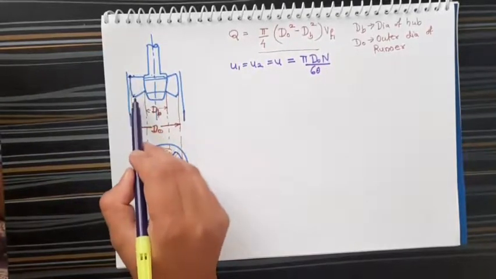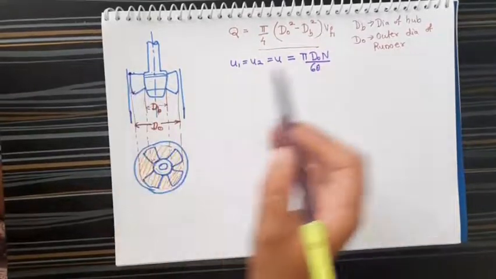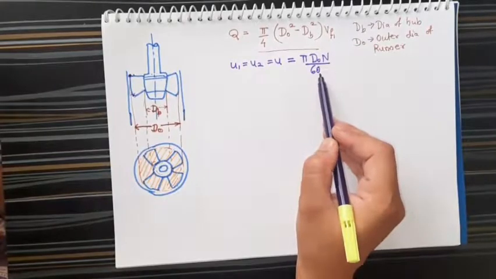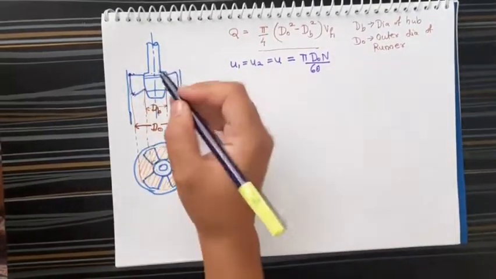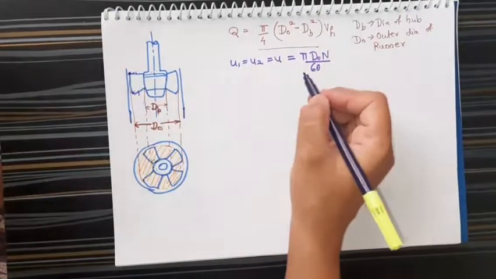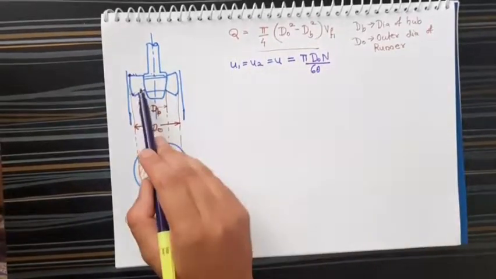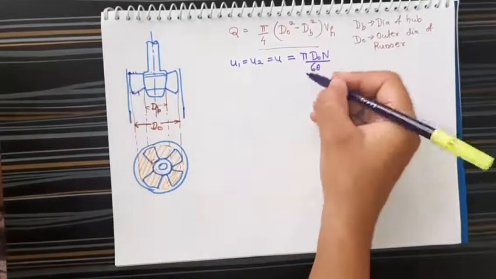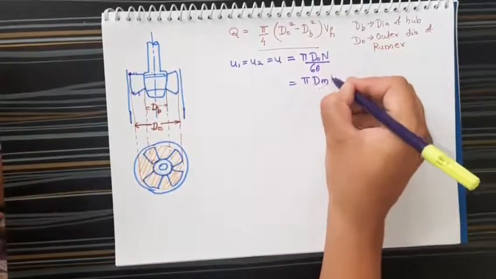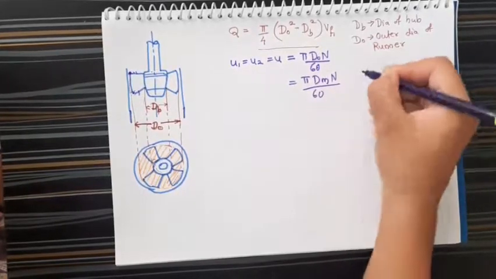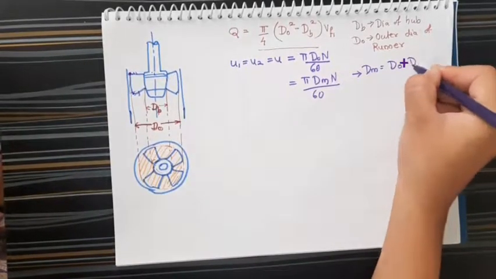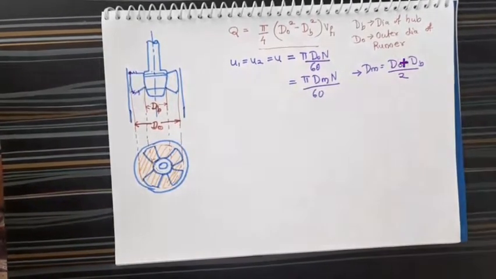If we are taking it at the outermost diameter, then we use pi dO n upon 60. If in a particular case it is said to take the average distance, then we have to find the mean diameter. At that time your formula will be pi dm n upon 60, and this mean diameter will be equal to (dO plus dB) by 2.